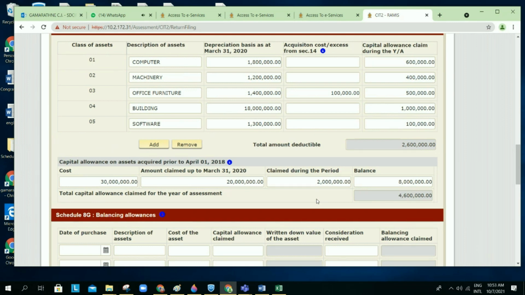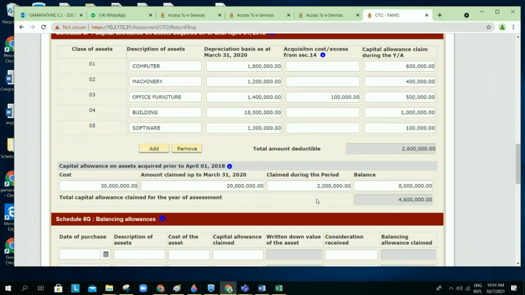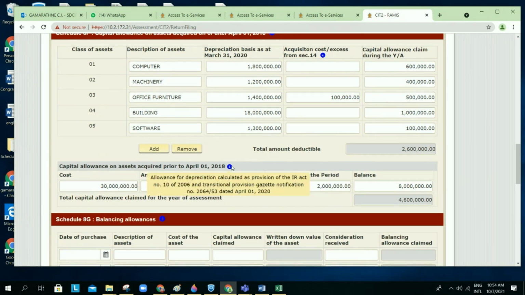If any asset was acquired before 1st April 2018, as per the transitional gazette notifications, we still need to apply the previous tax law provisions, that is, the provisions of the Inland Revenue Act number 10 of 2006. This is what you have to do.